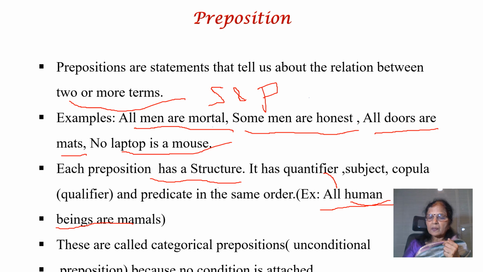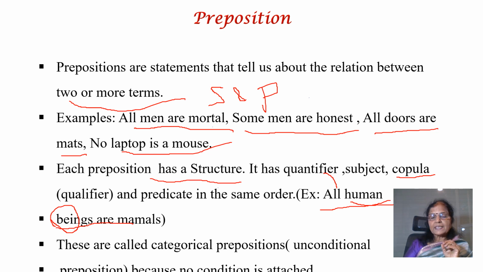And copula is the qualifier. It qualifies. The verb are is the qualifier here. What does it qualify? It states that all the human beings are mammals. It shows the relationship between human beings and mammals. Suppose it says all human beings are not mammals.